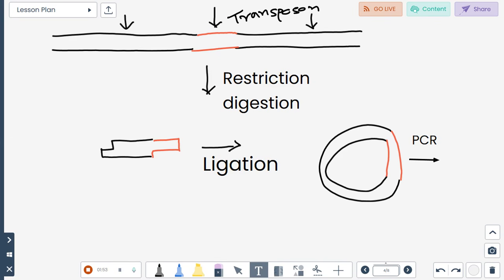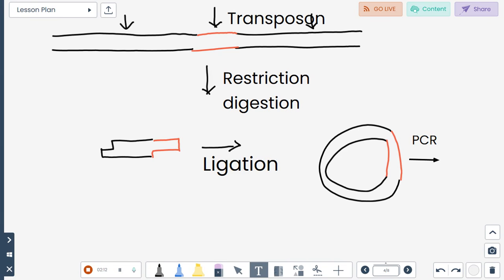We will know the sequence of that transposon. This transposon will be introduced into the template DNA either by an in vitro reaction or by an in vivo reaction.